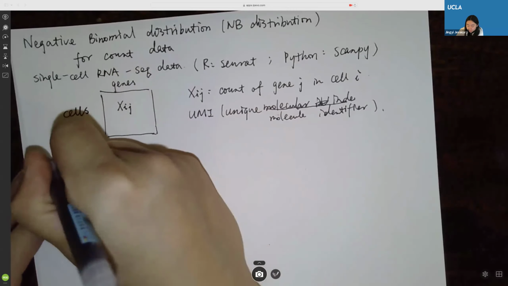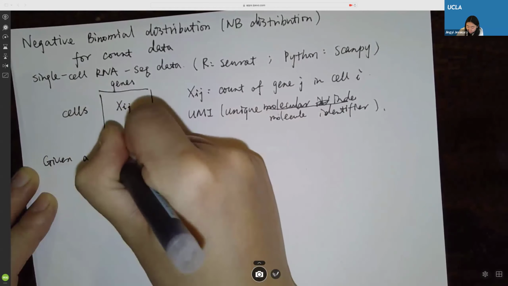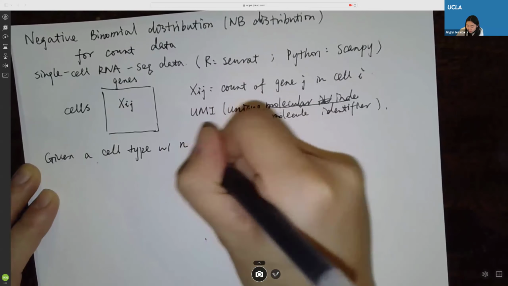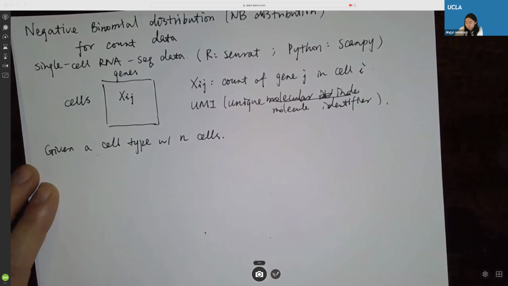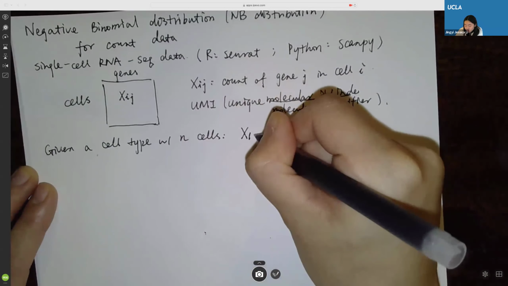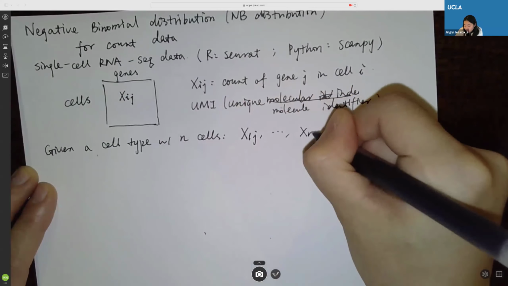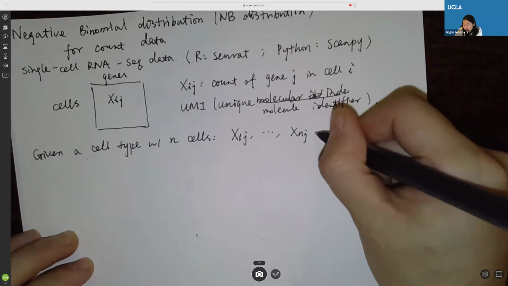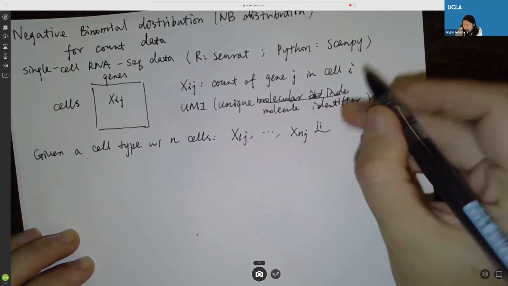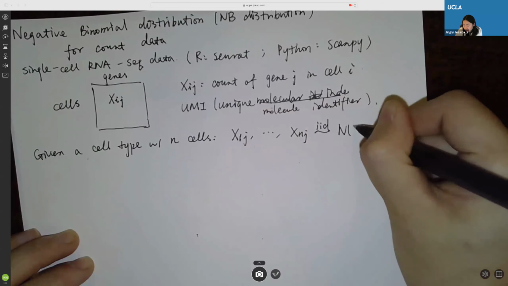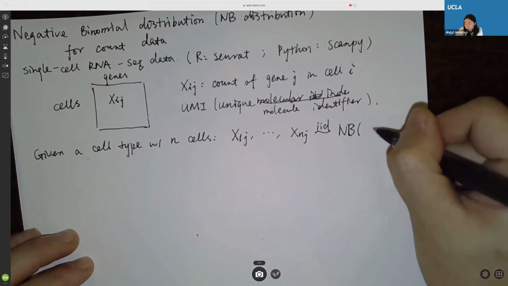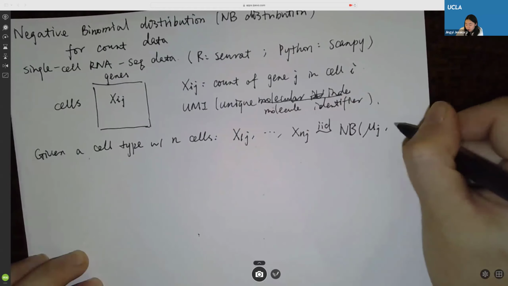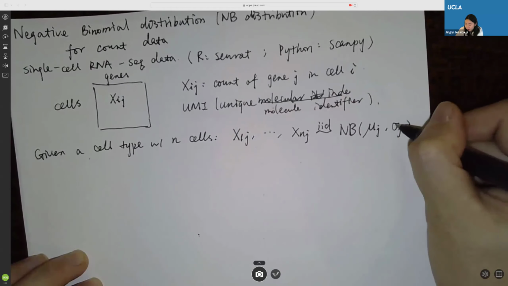That is, given a cell type with n cells, we can assume that x1j to xnj, the n counts of the n cells for gene J, independently and identically follow a negative binomial distribution with a mean parameter mu j and a dispersion parameter, or maybe not sigma, phi j.